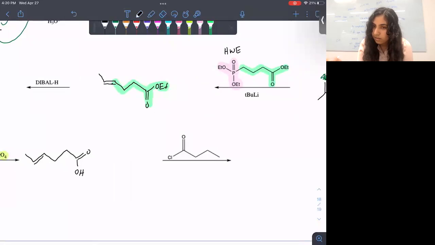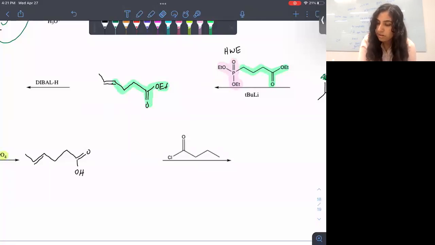But the last step, we're giving it an acid chloride. When we give a carboxylic acid an acid chloride, you can predict what happens. We have a nucleophile and it's going to attack an electrophile. The carbonyl carbon of the acyl chloride is very reactive because it's electrophilic, and chlorine is a pretty good leaving group.